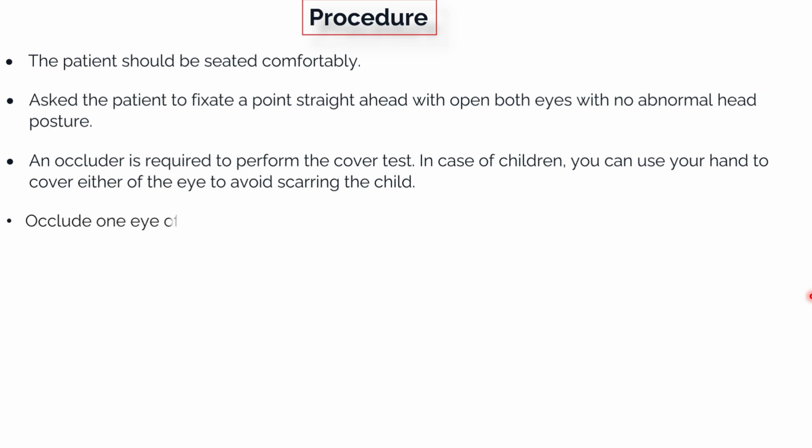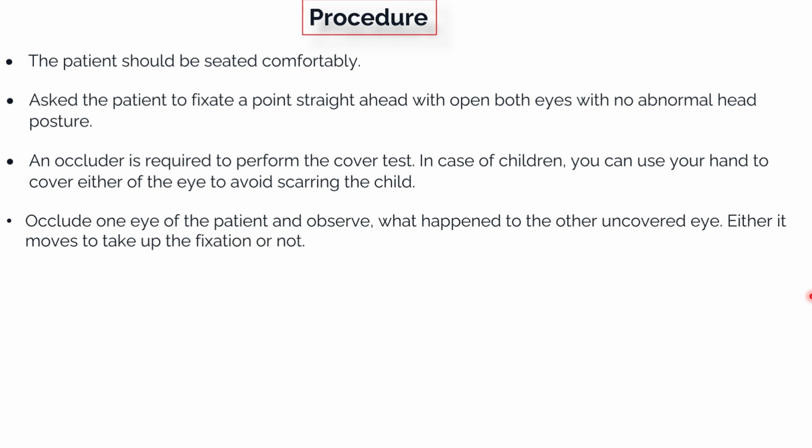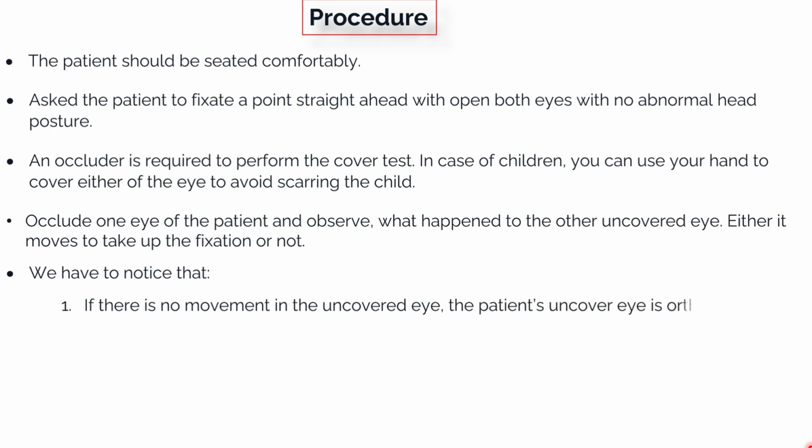Occlude one eye, either left or right, of the patient and observe what happens to the other uncovered eye. Either it moves to take up the fixation or not. Then we have to notice that if there is no movement in the uncovered eye, the patient's uncovered eye is orthotropic, meaning it is a normally aligned eye.